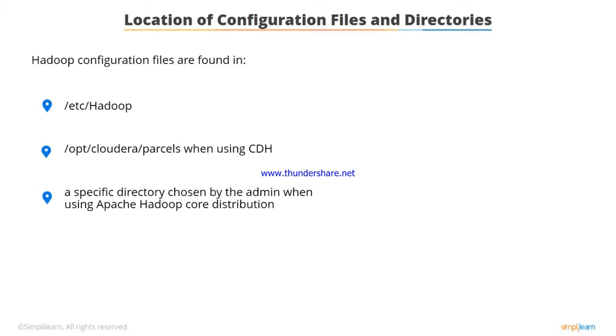This makes management and upgrades easier. If the configuration directory is relocated, Hadoop daemons will have to be started with the --config option, or with the related environment variable that specifies the location of the directory in the file system.